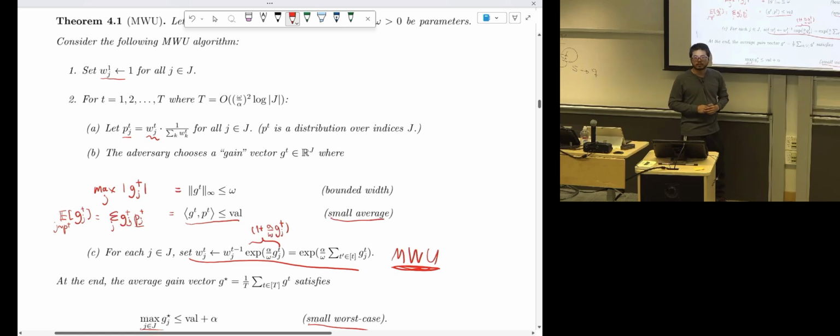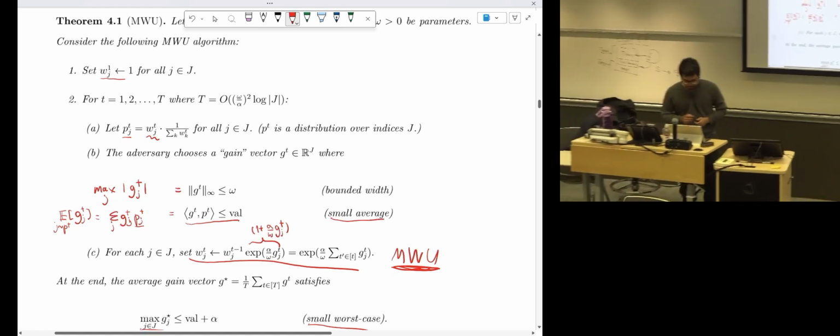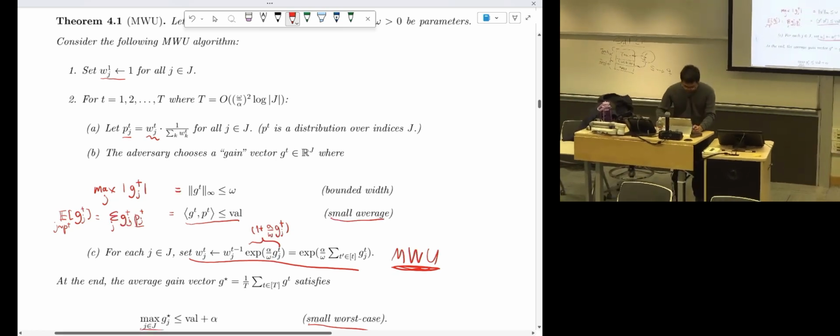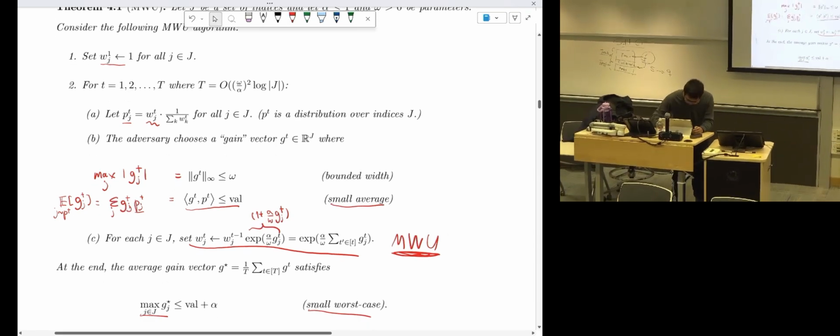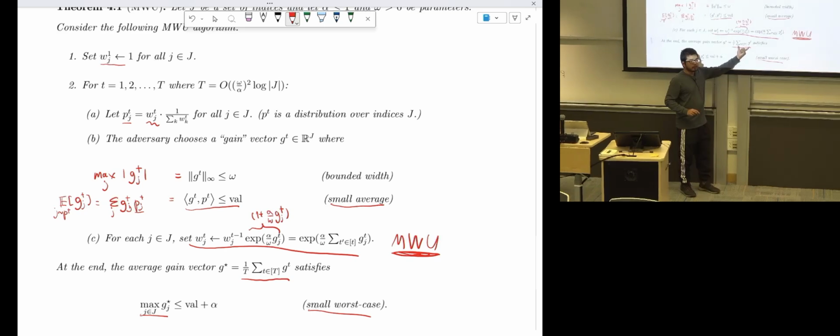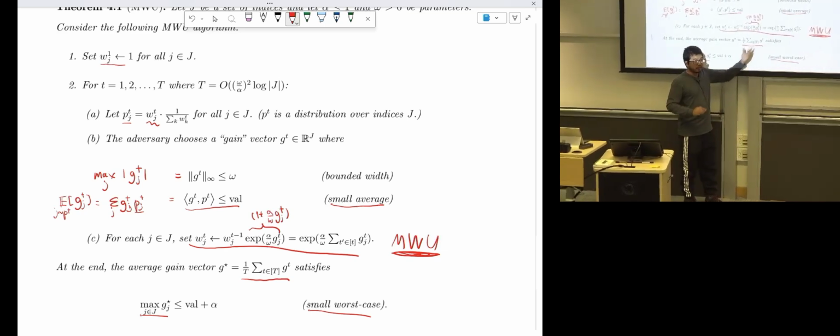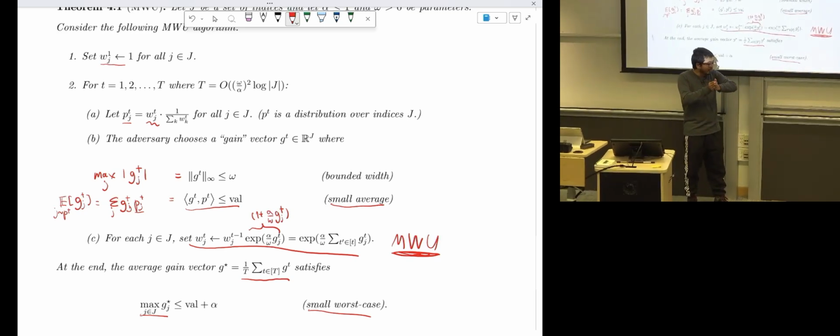Questions about this? Could you explain in the interpretation, what do you mean by look back when we select the J index? Yeah, so if you look at this thing, what is this thing? It's the average across all rounds, basically. This is defined only after T days.